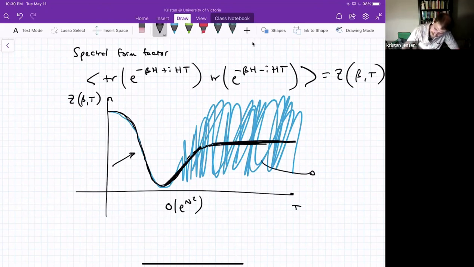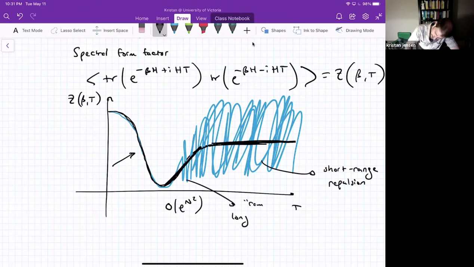And the plateau is essentially a consequence of short range repulsion. It's a consequence of the nearest neighbor, the smallest level spacing. And the linear regime is known as the ramp sometimes in the spectral form factor.